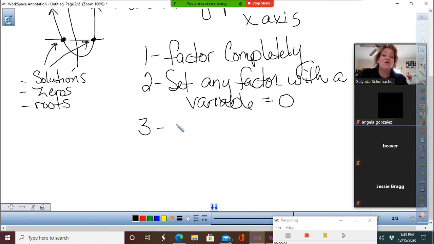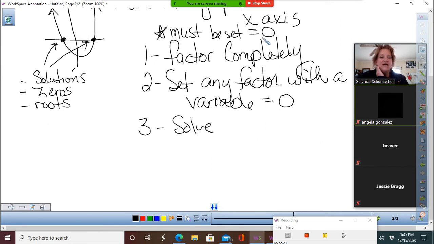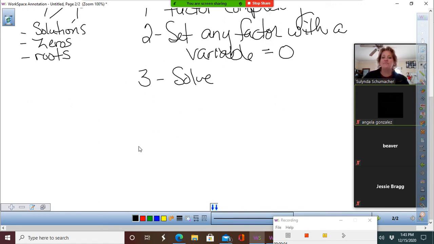Step 3, you're going to solve. All right, so here's the one thing I want to remind you. Before you factor completely, and I'm going to put this at the top, it must be set equal to 0. Okay, so when you start, before you factor it, everything's got to be on one side altogether.